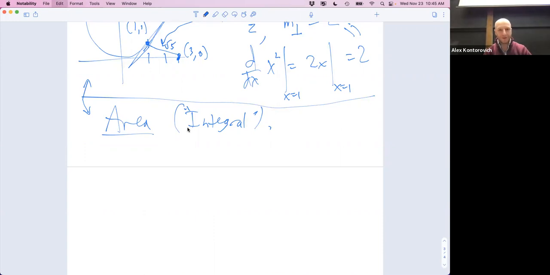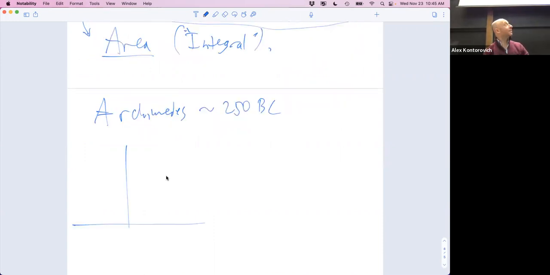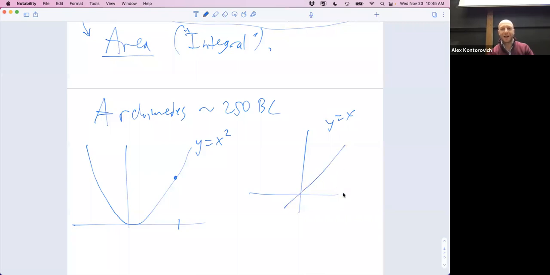Here's our y equals x squared. He could tell you the area. So if I look at the graph of y equals x, and I say the point (1, 1) is on this curve, what is the area under the curve?